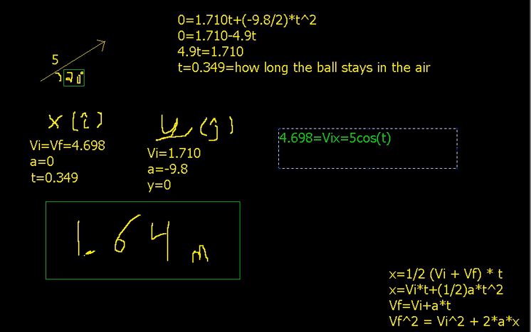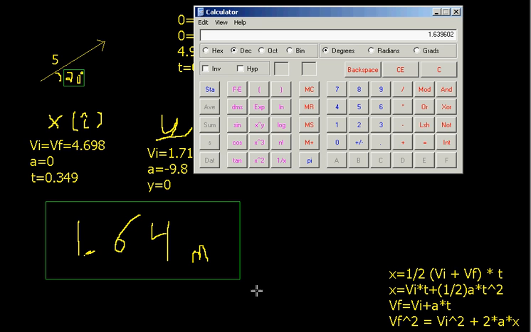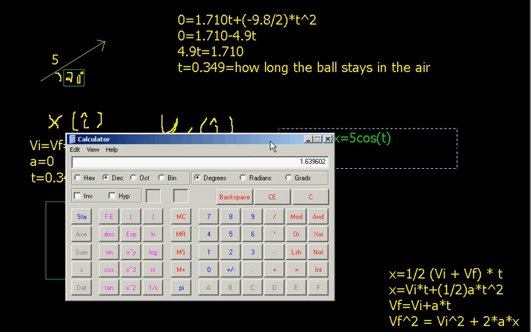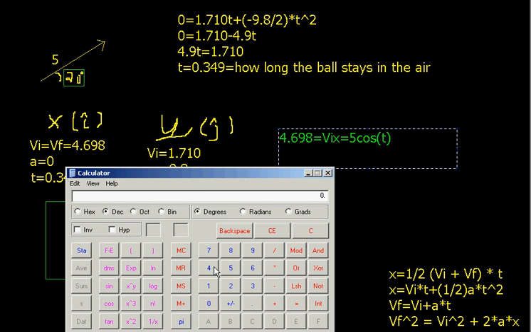So then you can say, okay, if you divide this by 5, so you take that 4.698 divided by 5.